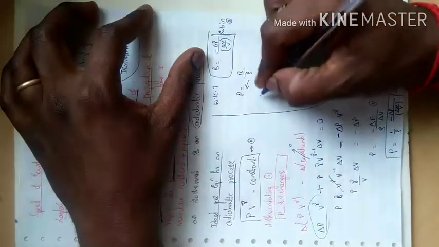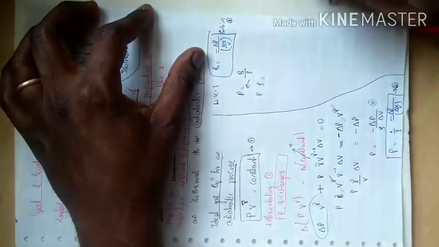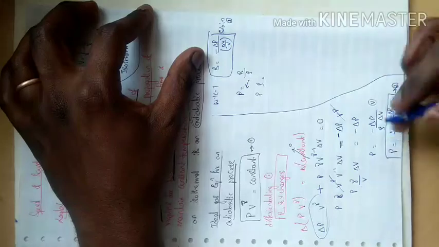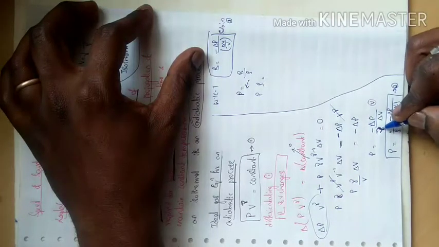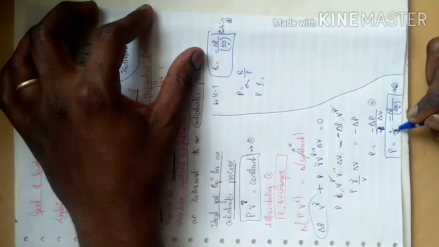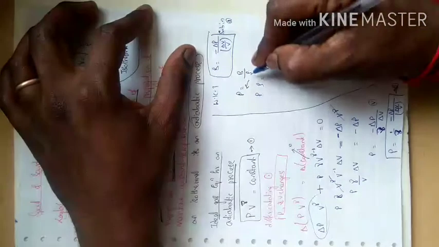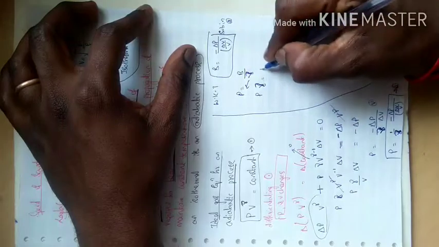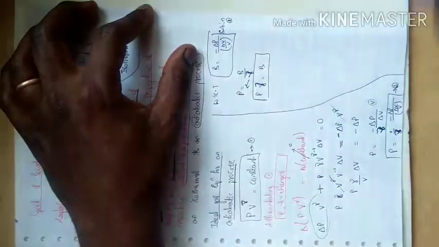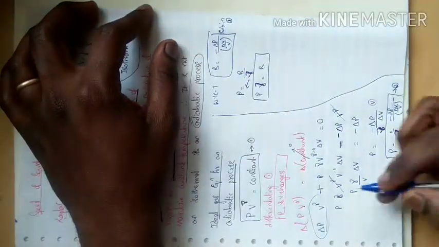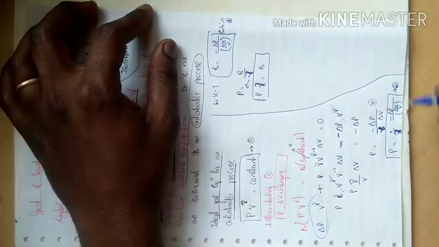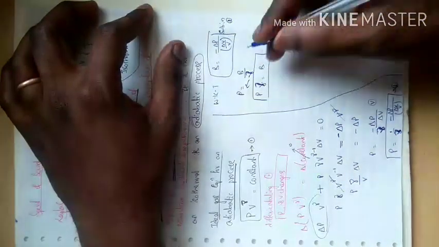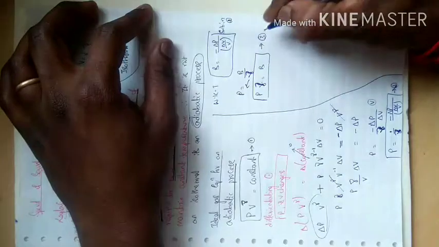Sending this rho to this side, then P into rho is equal to, sorry, it's gamma. P into gamma is equal to B. This gamma remains as it is. Therefore, call it equation 3.